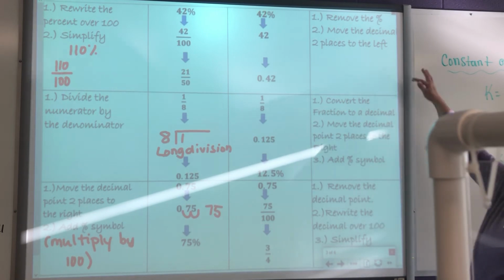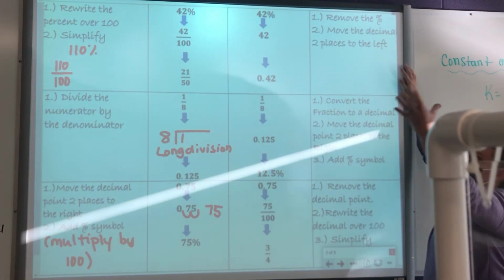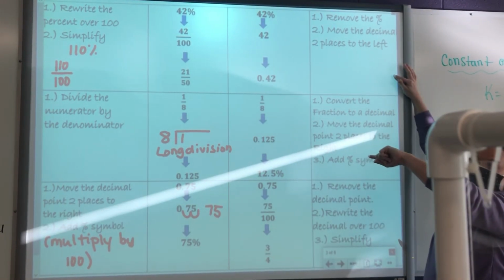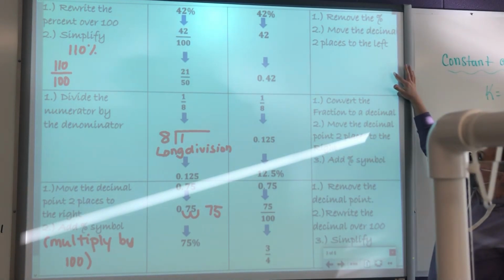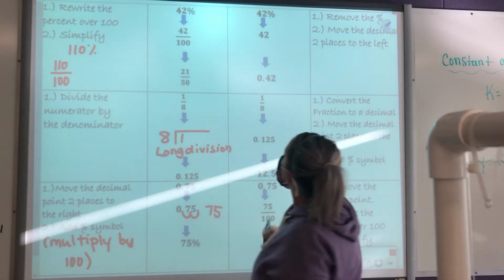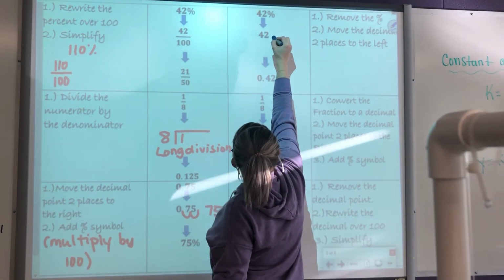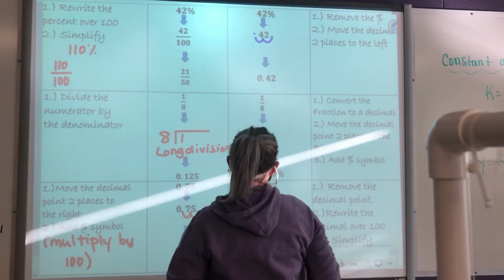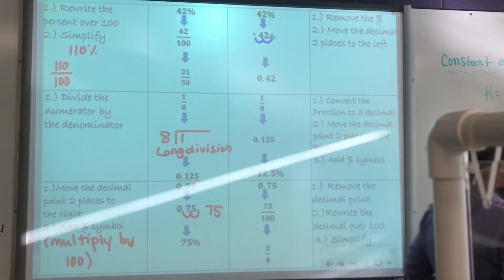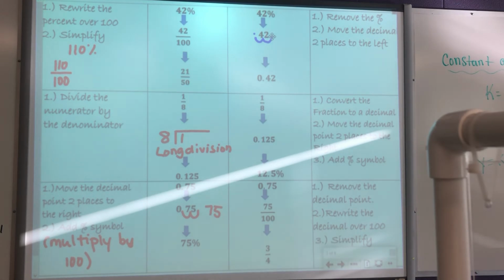All right, up here. So now we're going to go the other way. Percent to a decimal. So we remove the percent symbol, and we move the decimal point 1, 2 to the left. What am I actually doing?